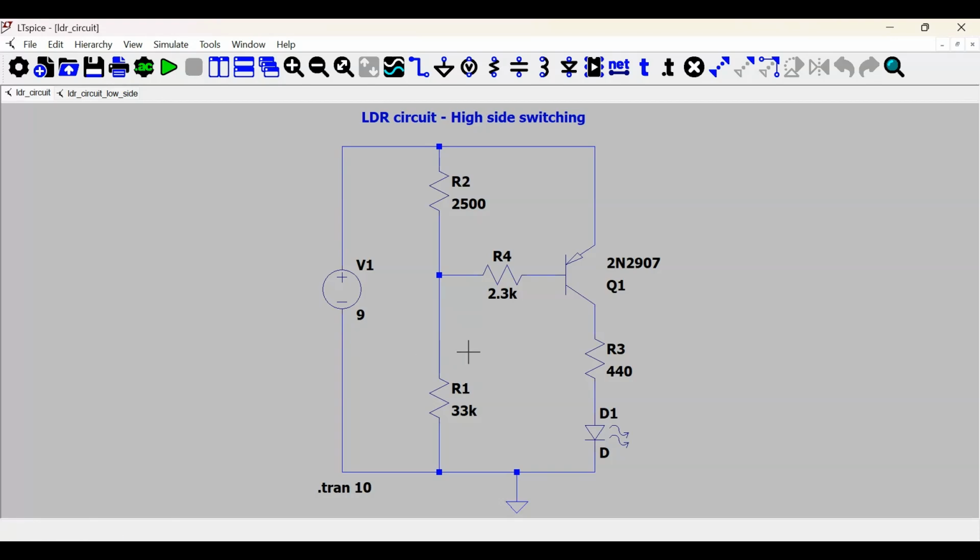One final point to note is that this 33K resistor was derived by using a potentiometer initially, and instead of the 33K fixed resistor, you can use a variable resistor to adjust the sensitivity of the circuit.